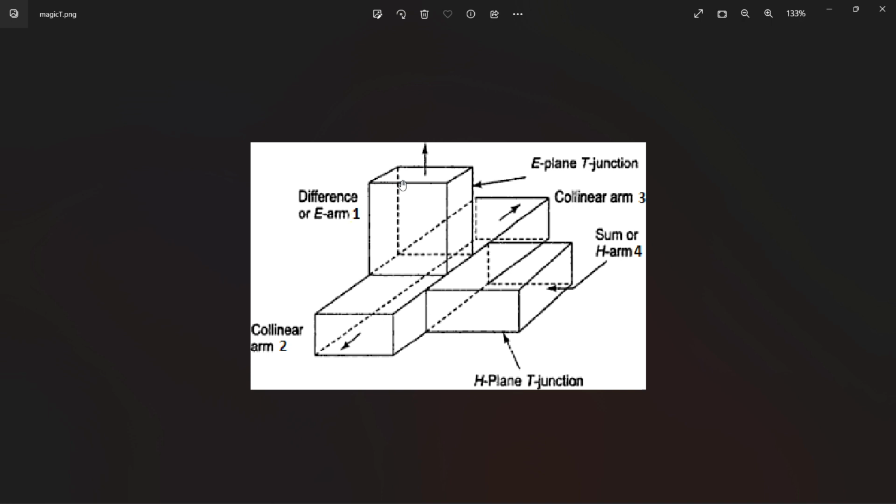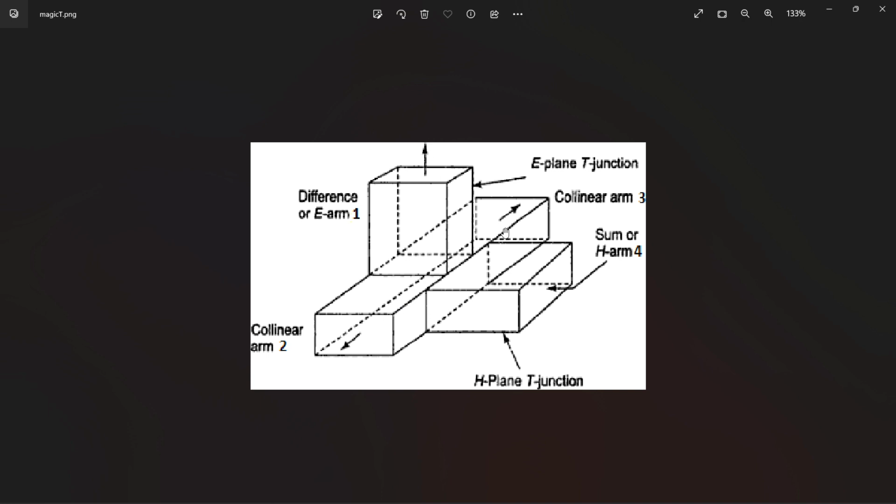And if the input is given in the collinear arms, here we have given only one input, but if you give two inputs over the collinear arms, that is the side arms here and here, the output will be the sum of the two inputs at the H arm and the difference of the two inputs at the opposite arm.